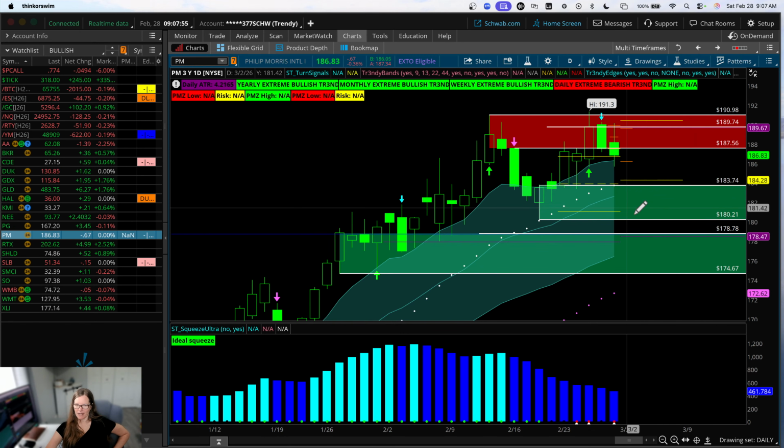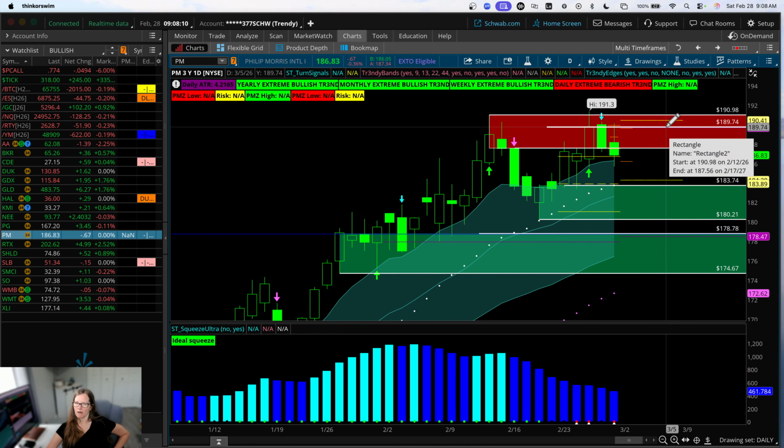Be a dip buyer. I would buy the dip down here, and I would cover up here. You can leave a runner on in the event that we break out above this zone, but I would have a majority of my profits off in this supply zone right here.